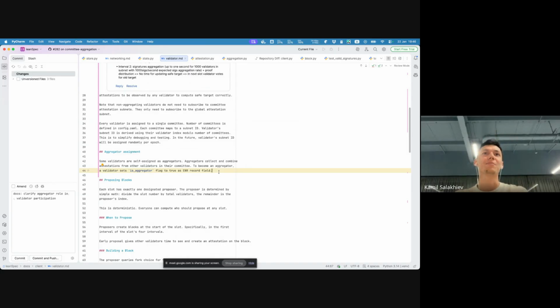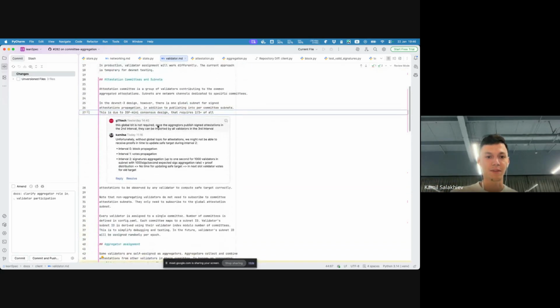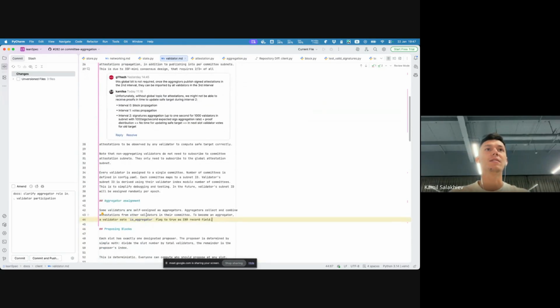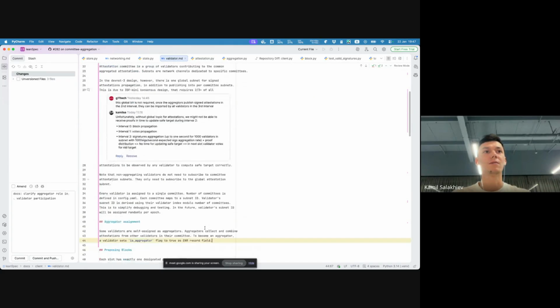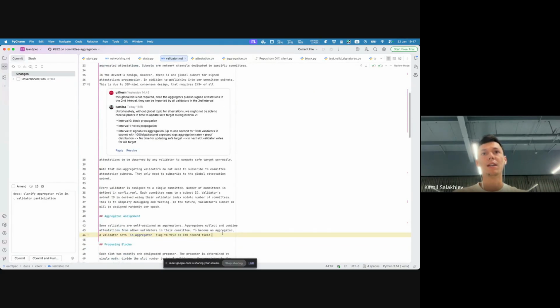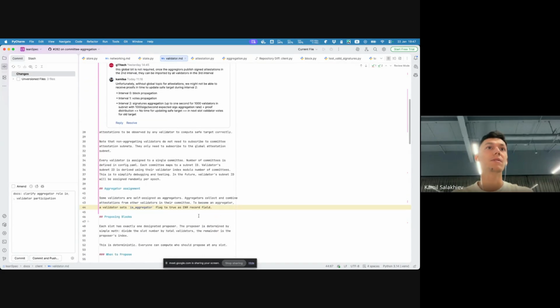There was a discussion between June, me, and Gajinder on whether we should allow aggregators to aggregate in multiple subnets or just a single subnet. So I made it more concrete: for now in Devnet3 we target every aggregator aggregating just a single subnet.